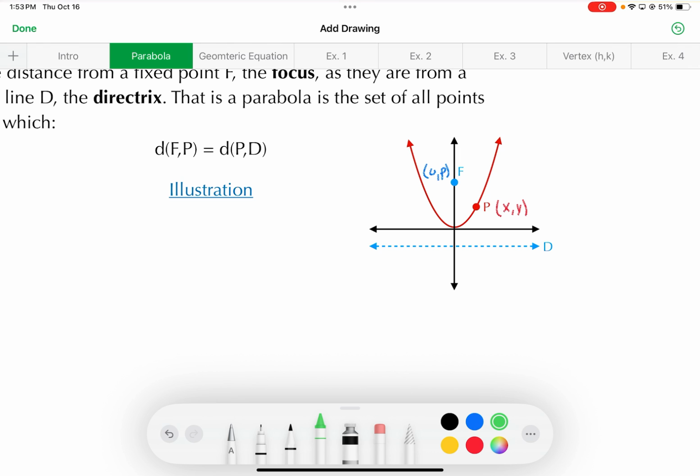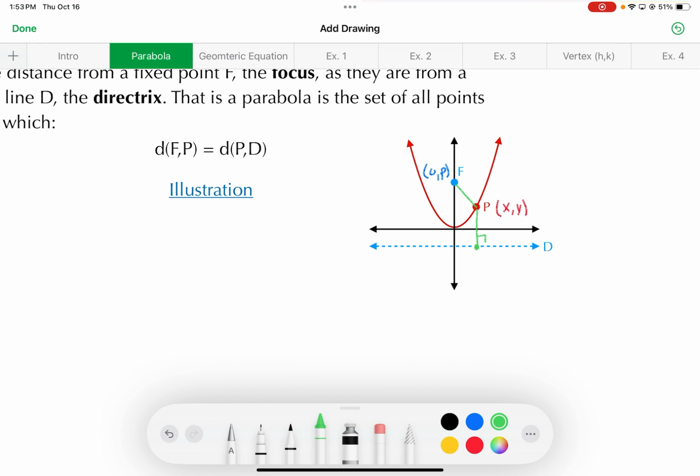And what I'm doing is I'm looking for these two distances. All right. So I need the distance from point P to point F, and I need the distance from point P to that directrix line, and we got to think of that segment as perpendicular, yeah? All right, now I need a third point to make this happen that's on the directrix line.